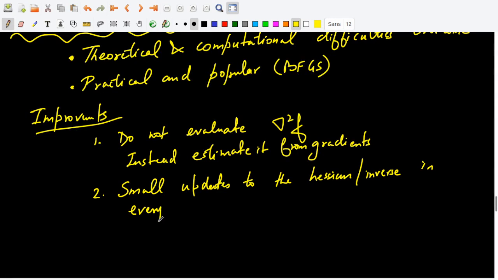So we don't do expensive steps in every iteration, and in some of these methods we don't even solve this system of equations.